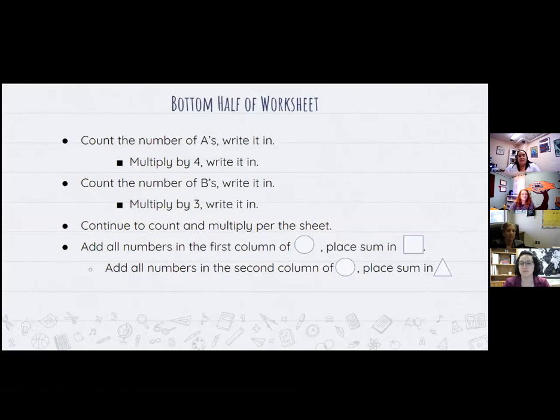So you're going to continue to count and multiply by the correct grade point, and you'll add up all of the numbers in the first column of your circles. Once you get that sum, you'll place that sum in the box. Then you'll add up all the numbers in the second column of the circles and place that sum in the triangle.